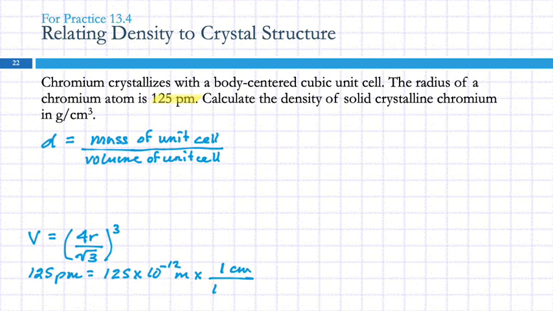And then converting to centimeters. We're doing tally marks for the train because it's just less disruptive. Yeah, so this is going to come out to be 1.25 times 10 to the minus 8 centimeters, right? So we can plug that in here.